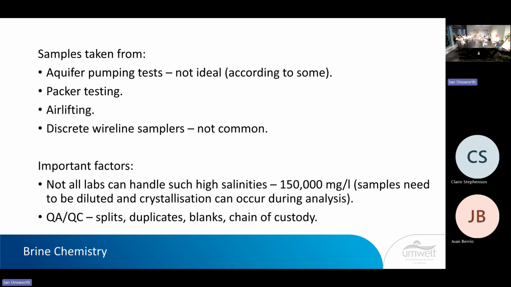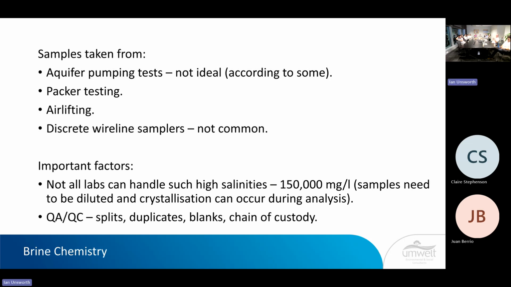So brine chemistry we can get from active pumping tests. Obviously, Houston, who everybody seems to follow, doesn't think that's a good idea, largely because you're measuring a specific yield in the dewatered zone, not taking your sample from where the brine still is. So you're not actually sampling the same spot.